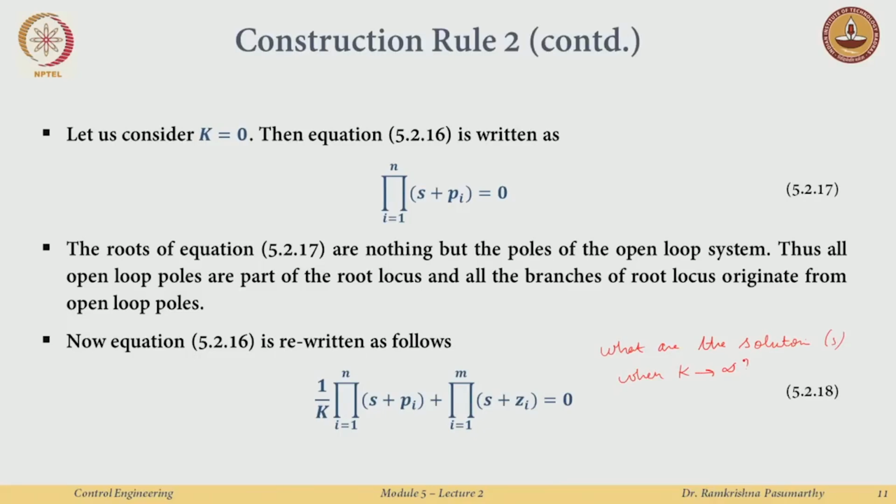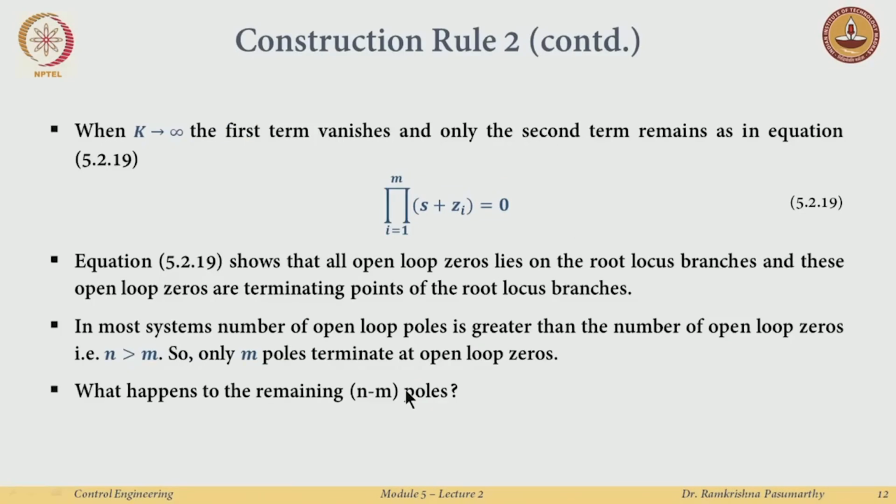When k goes to infinity, I know that this term disappears. If it disappears, I am looking at an expression like this. What are the solutions to this? The solutions are the open loop zeros.